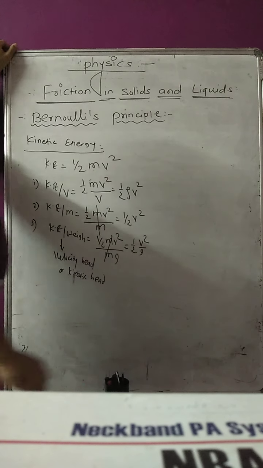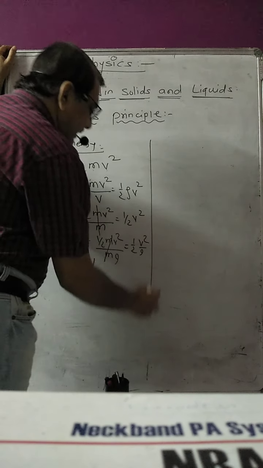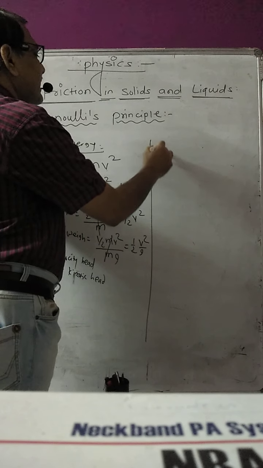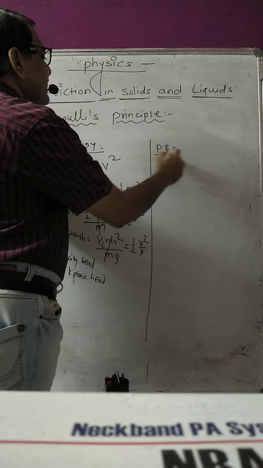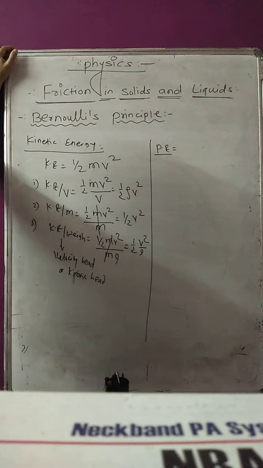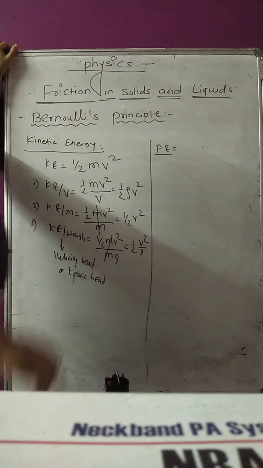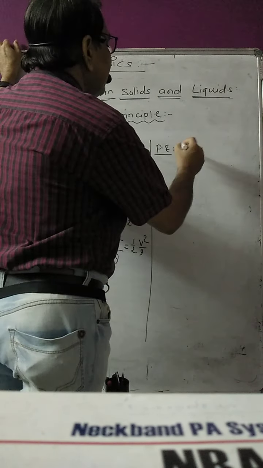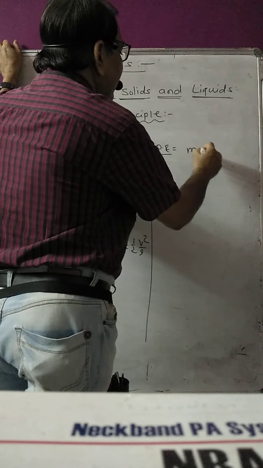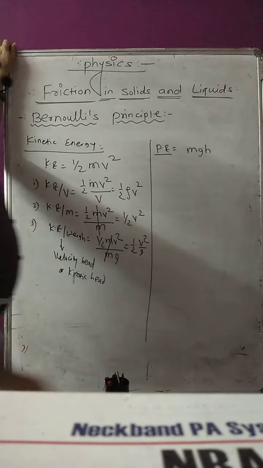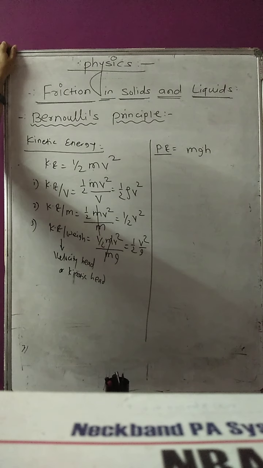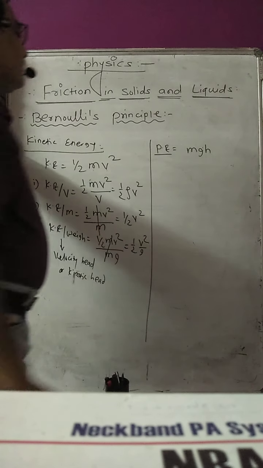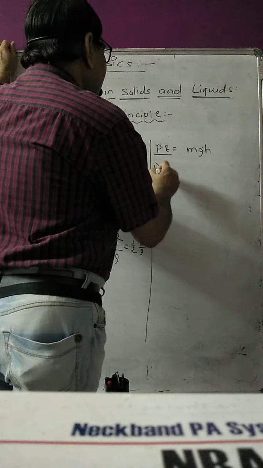Now, similarly, let me find the equation for potential energy. Potential energy means energy possessed by the liquid due to its position or configuration. When the liquid is kept at a particular height, the potential energy of the liquid is m g h, that we know. Again I will calculate the three factors.